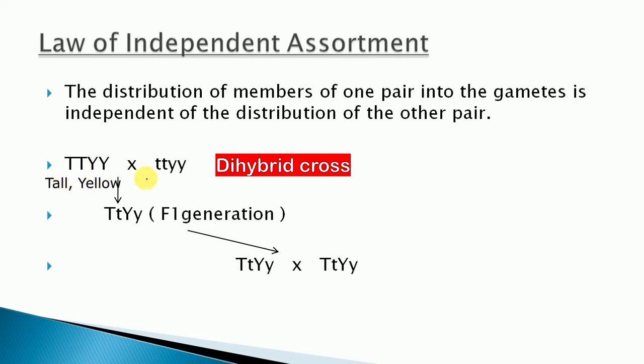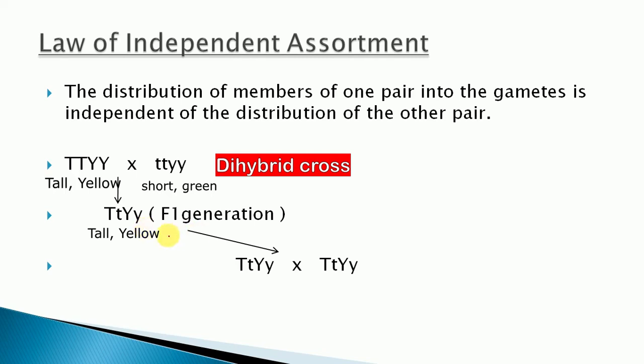These are dominant, and here small t and small y are responsible for the green color of the seed, and the height is short. So in the F1 generation we will get capital T small t, capital Y small y, which is again the dominant form of both characters, height and seed color.